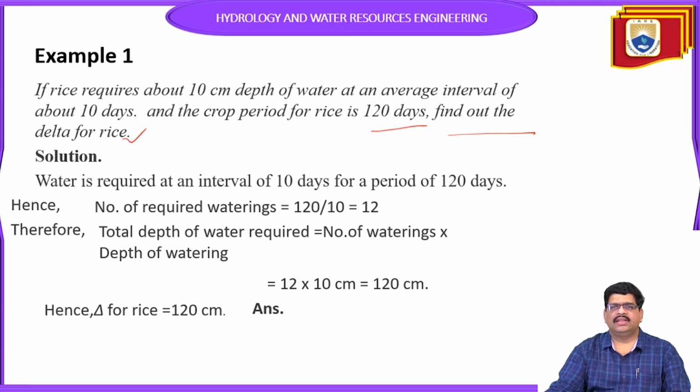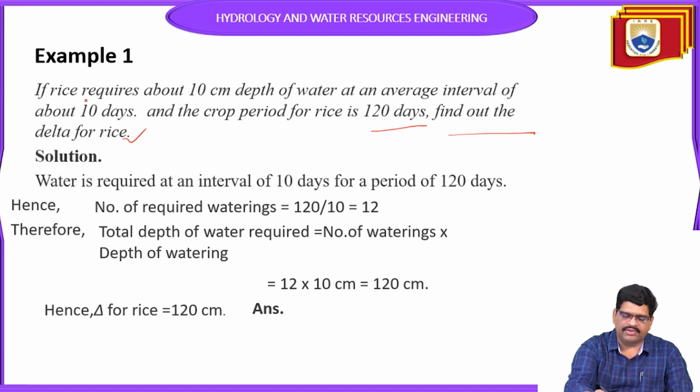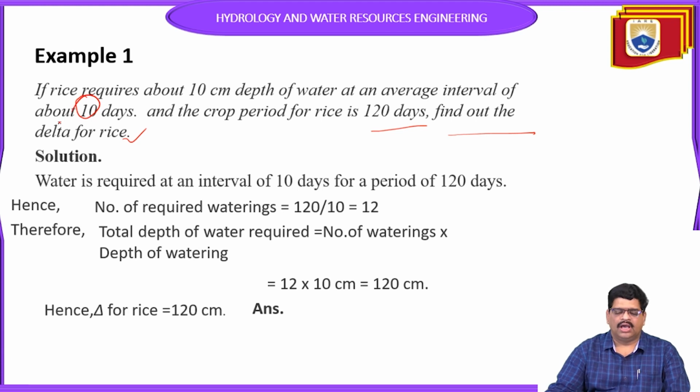From the given problem, the water requirement of the crop is 10 centimeter depth of water at an average interval of 10 days. We have to remember that for certain crops the interval of time is 10 days. So with the water requirement and an interval of 10 days for the period of 120 days, the number of required waterings is equal to 120 by 10.